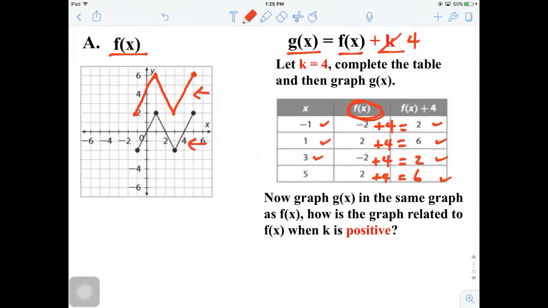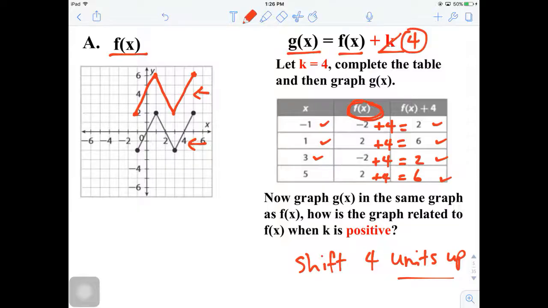If you notice, the graph actually moved, or shifted, or translated upwards. And how much did it move? It shifted 4 units up. Now we can conclude that if you add 4 to the back of the equation, it causes the graph to go up 4 units.